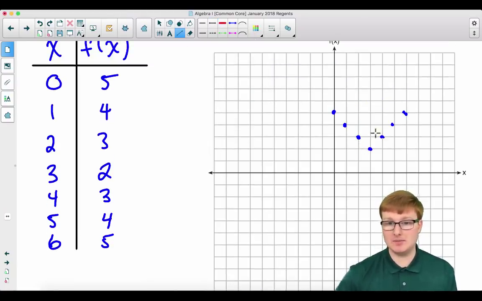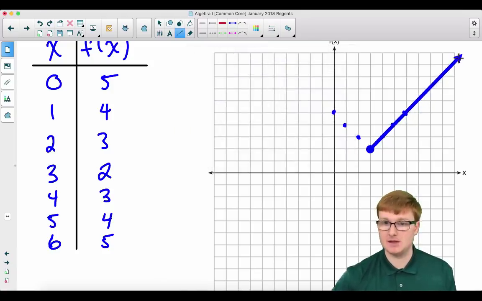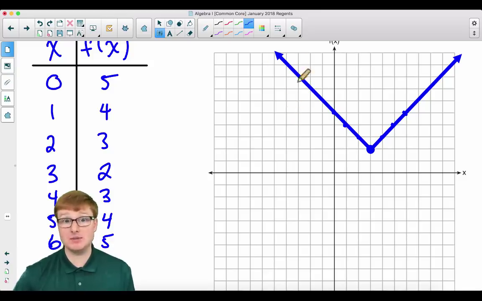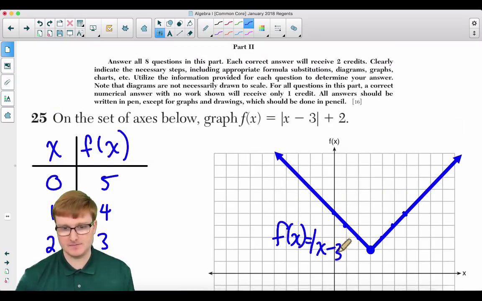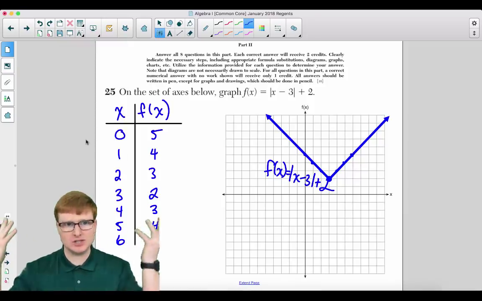And I am going to basically connect these points. I'm going to make that a little bit thicker, just so you could see. So we have this, and we have this. Nice. And now when you're done, label it. Make sure you have arrows on the end, by the way. And label it: f of x is equal to the absolute value of x minus 3 plus 2. And that, ladies and gentlemen, is how you do that question. Easy 2 points, right? That's all you have to do.